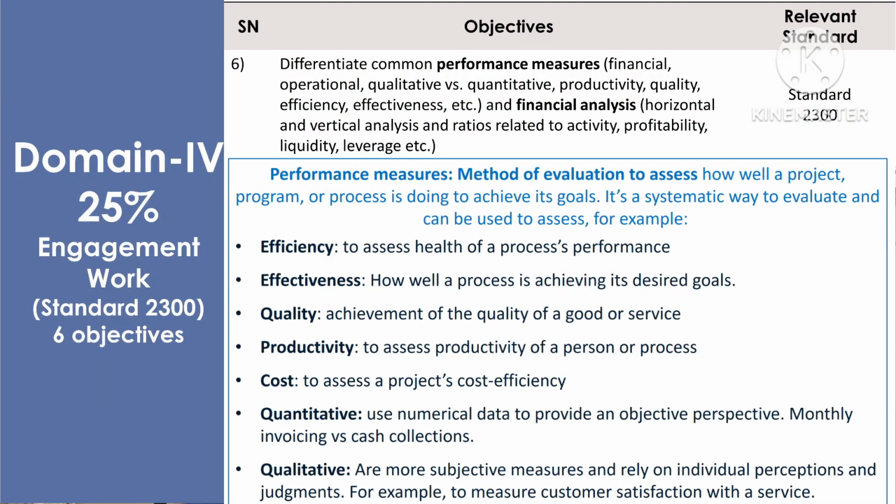Then the sixth objective is to differentiate common performance measures: financial, operational, qualitative versus quantitative, productivity, quality, efficiency, effectiveness, and financial analysis like horizontal or vertical analysis, and ratio analysis, for example, to check profitability, leverage, and liquidity. Performance measures are the method of evaluation to assess how well a project, program, or process is doing to achieve its goals.